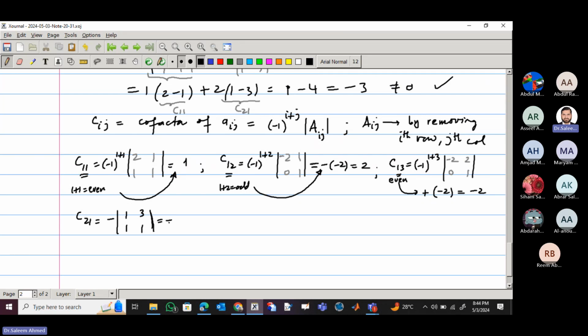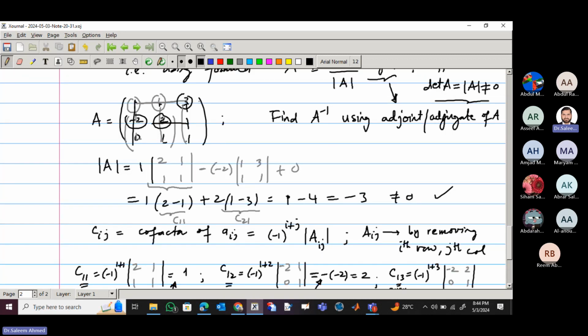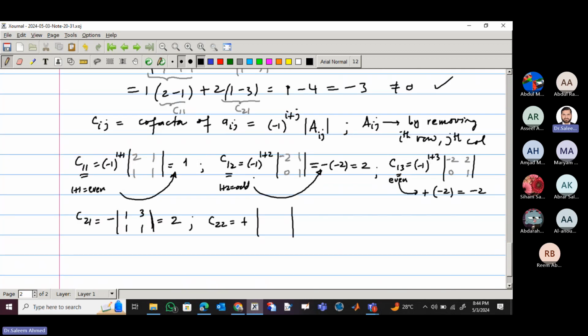So minus minus 2 is plus 2. Then C22. C22 is again plus. Now second row, second column is gone. So 1, 3, 0, 1. So you got 1 minus 0. So the answer is 1.